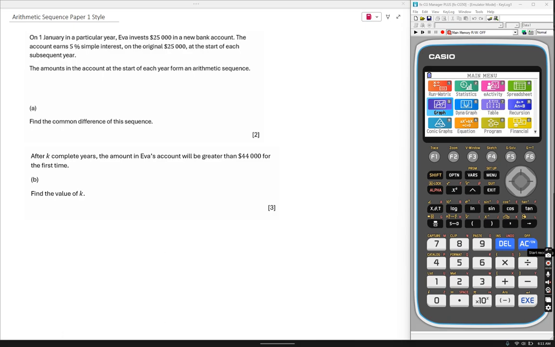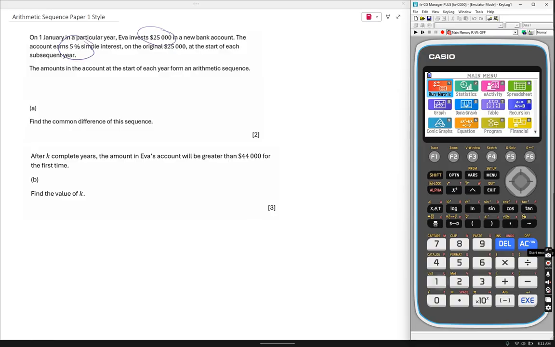So essentially, after the first year, she's going to have 25,000 times 0.05, that's 5% interest. She's going to have that extra. And then on the second year, she's going to have that same original dollar amount, which we're going to find in a second, because it's simple interest.